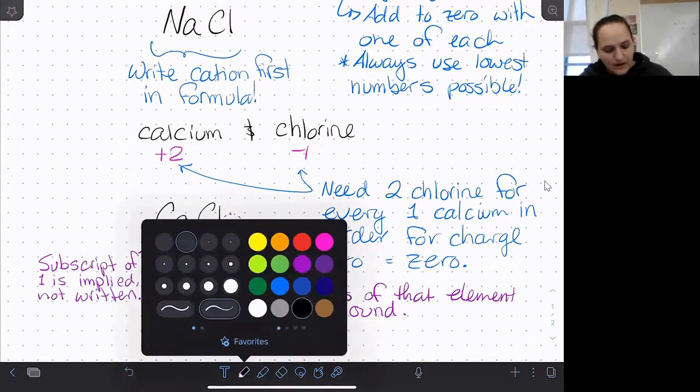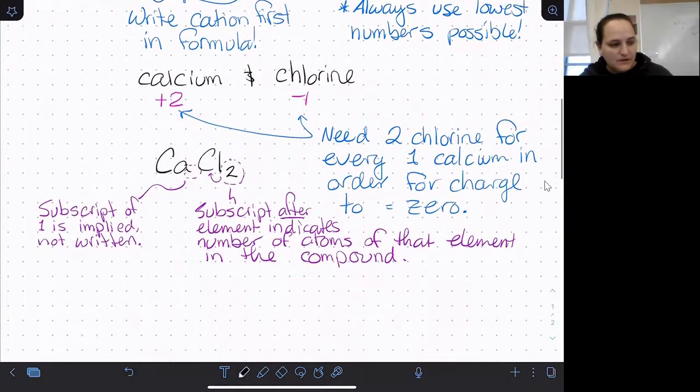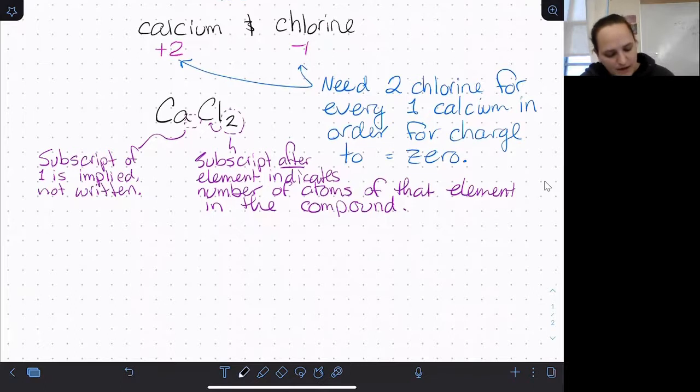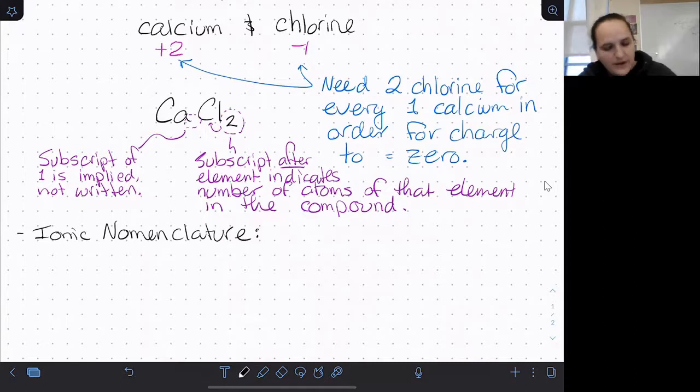So the last thing I want to look at briefly is how we name things. Ionic nomenclature is just a fancy term for how we name stuff.